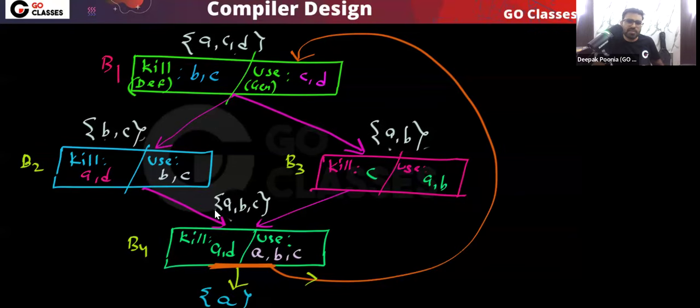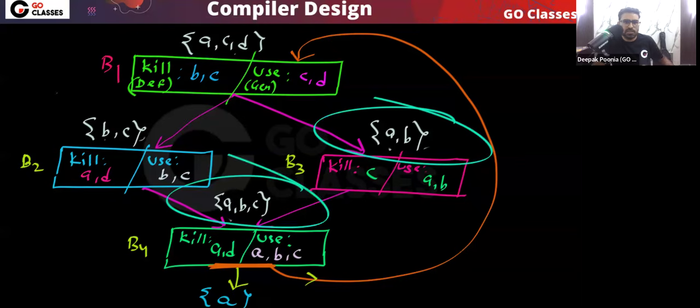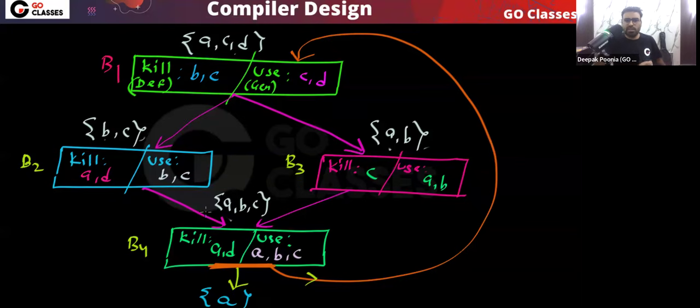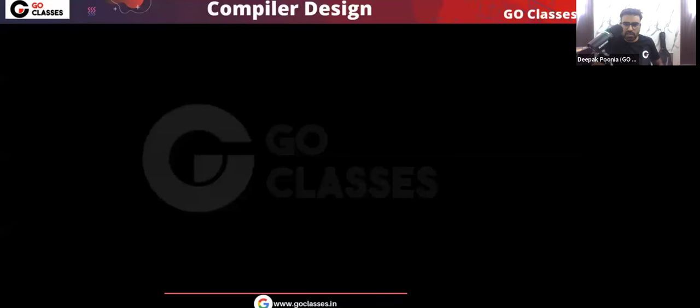Now let's start the second pass. The second pass we will start again from the reverse direction, the backward direction. So now I am going to write the second pass information.